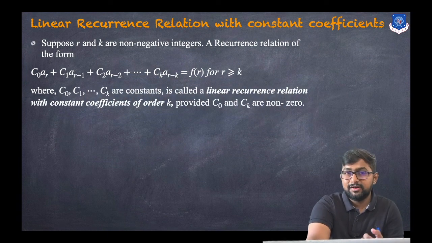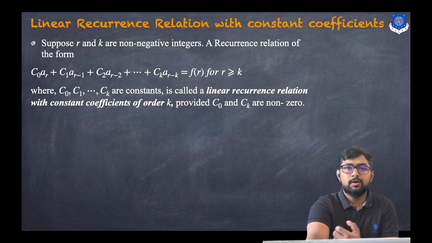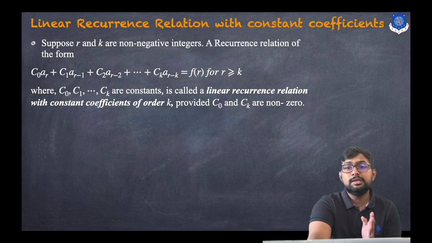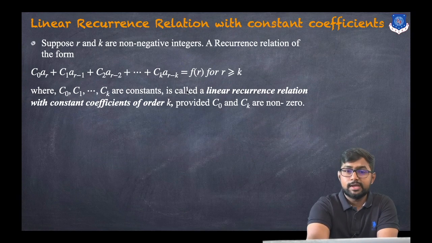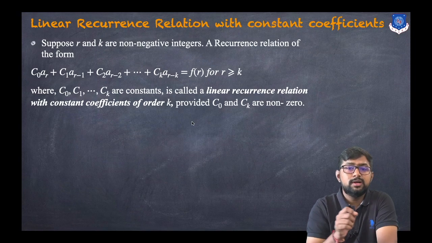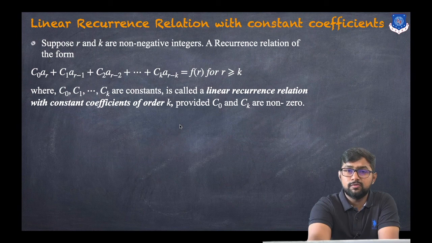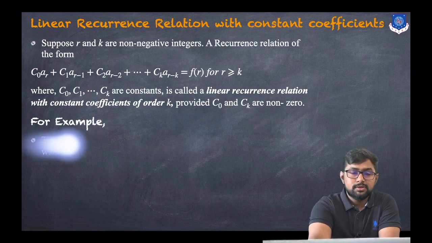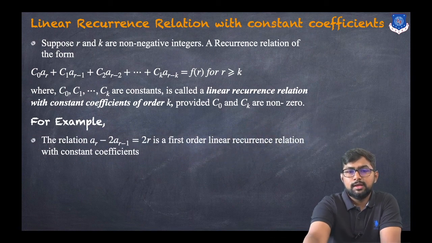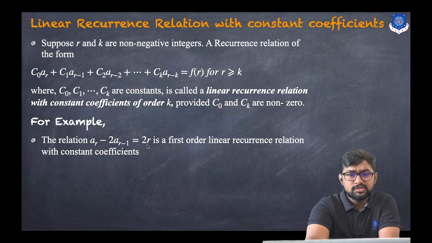Here c0, c1 up to ck are constants, and this is called a linear recurrence relation with constant coefficients of order k, provided c0 and ck, that means the first term and last term, are non-zero, otherwise it won't work. For example, the relation a_r minus 2a_(r-1) equals 2^r is a first order linear recurrence relation with constant coefficients.